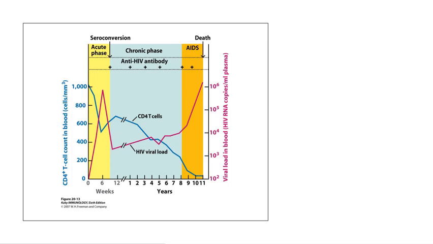The onset of clinical AIDS is usually shown by the decrease in the CD4 T cell number below 200 per mL and a sharp increase in viral load. Patients become very susceptible to opportunistic infection and other health problems.